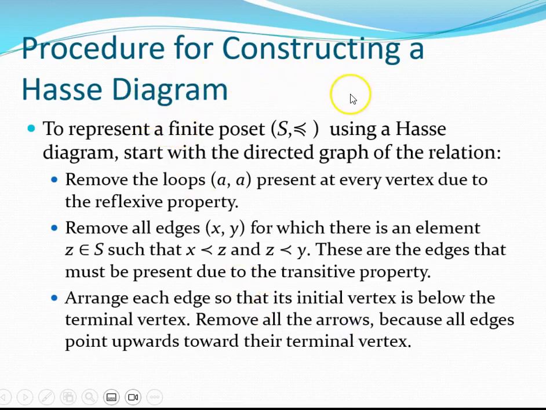Procedure for constructing a Hasse diagram. To represent a finite poset S using a Hasse diagram, start with the directed graph of the relation, which means that for each element of S we place one vertex, and for each pair of the relation we draw one arrow.